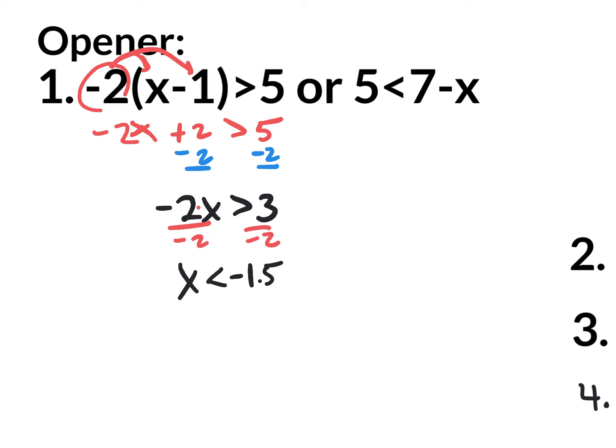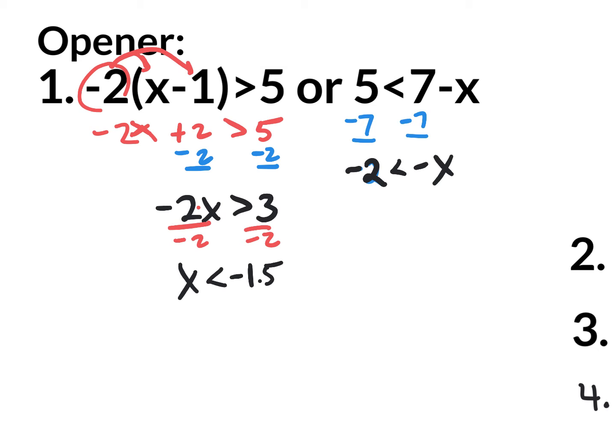Now let's do the other one. The other one's a little complicated because the variable's on the right side instead of the left side, but that's okay. Let's get rid of the 7 by subtracting 7, subtracting 7. 5 take away 7 is negative 2. So we have negative 2, bring down the inequality, is less than negative x. So for my final step, I need that x to be a positive x, not a negative x.